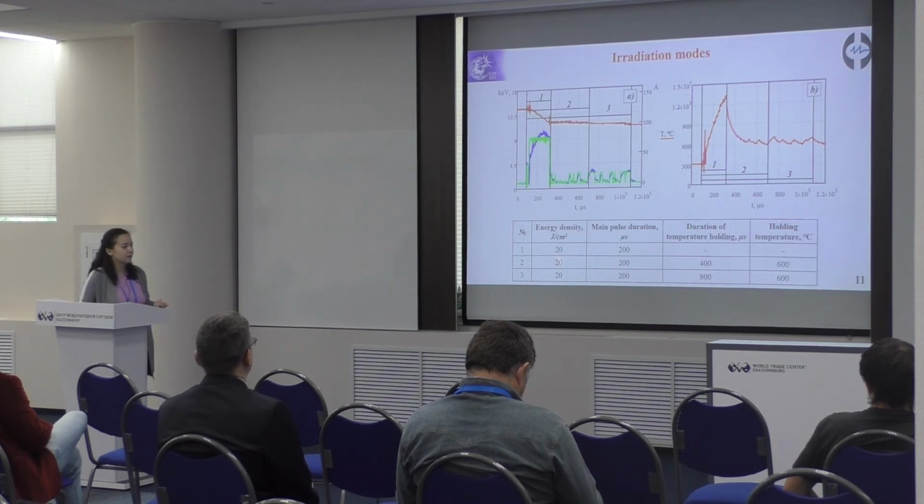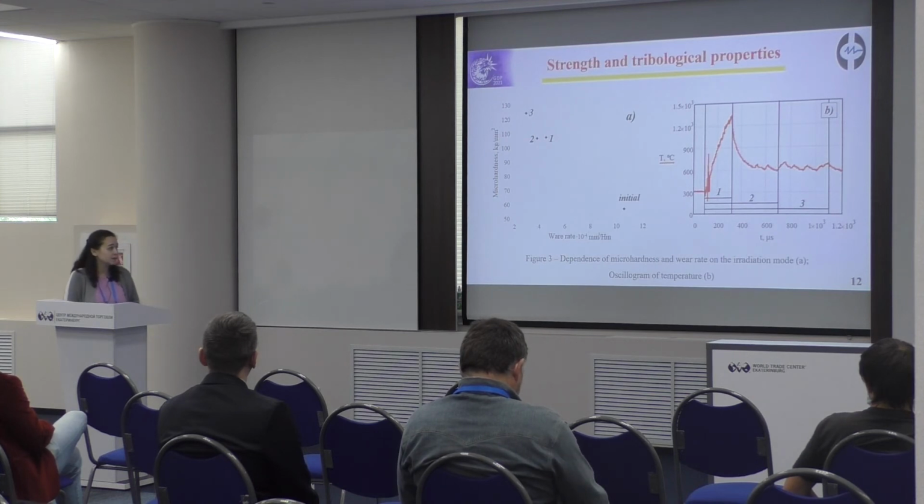Here you can see a brief description of those modes. So we decided to figure out whether there is any difference between the classic regime that we studied at our institute and the mode with keeping the temperature. And here you can see the results that we get.